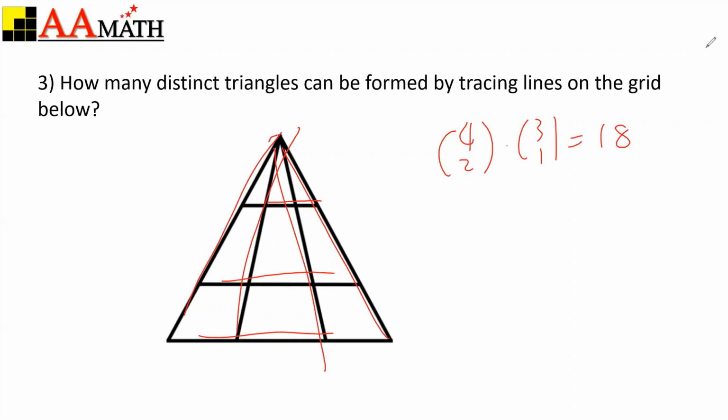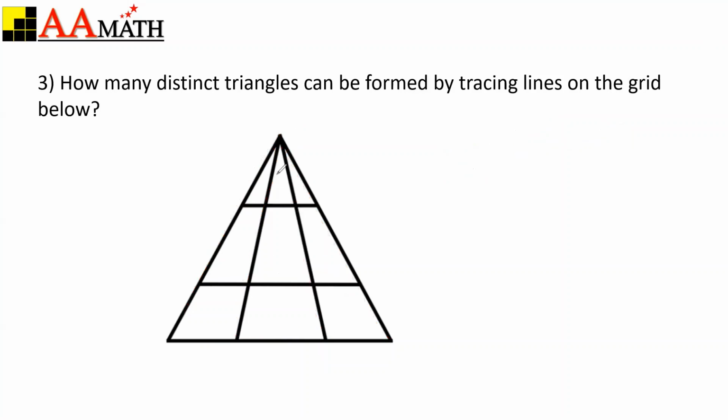Make sense? 2 slanted, then we need a horizontal. You can see 2 horizontals will not form a triangle, right? You need a horizontal, but you only need 1 of them. But you need 2 slanted. So this is 2 steps.